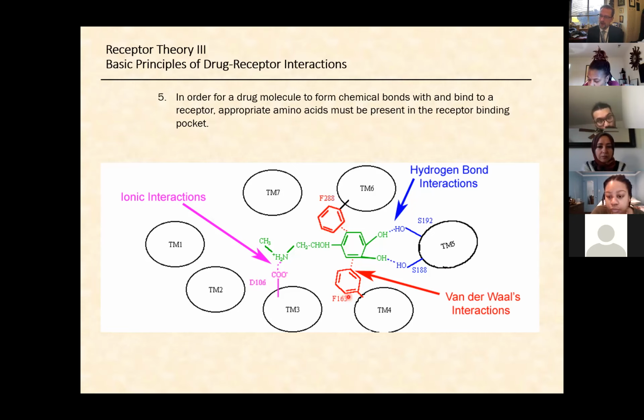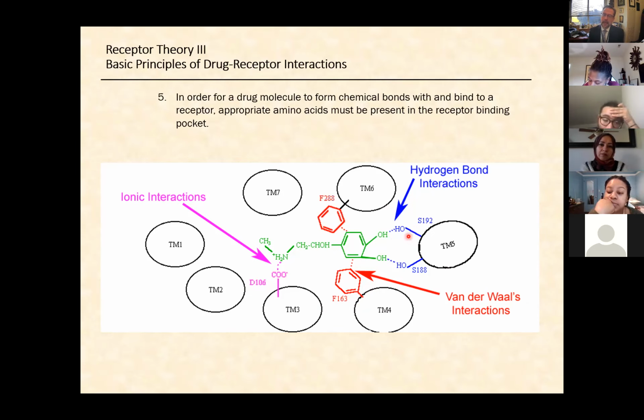Well, it's a part of an amino acid residue in transmembrane region 4, which would be, anybody know? What does F stand for? Dr. Skabinski didn't make you do your single letter? No? Phenylalanine. Okay. And then we have serine over here.